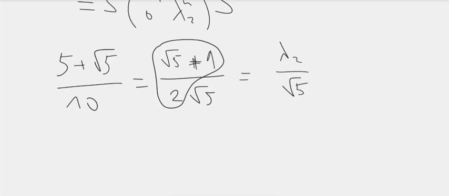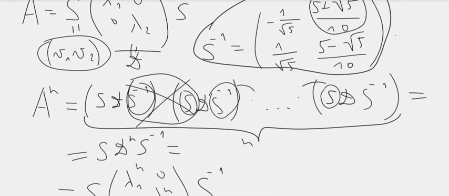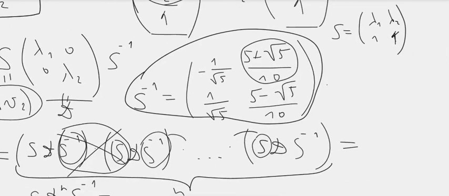So this can also be expressed as 1 minus lambda 1 divided by square root of 5. Okay, that's what we would need, and similarly we can express this expression here.